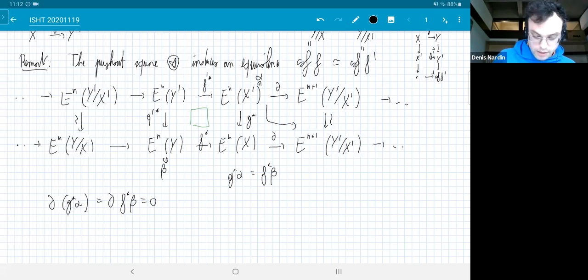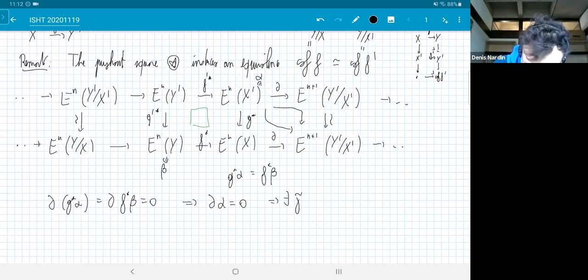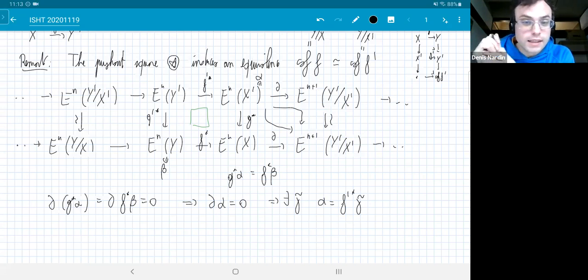So going this way, you get 0. But going this way is the same thing as going this way. And since that map is an isomorphism, the delta of alpha is 0. Okay, then you can find gamma tilde such that alpha is F prime upper star of gamma tilde. Very good. That's almost what we need. It's half of what we need. We also need it to be sent to beta.